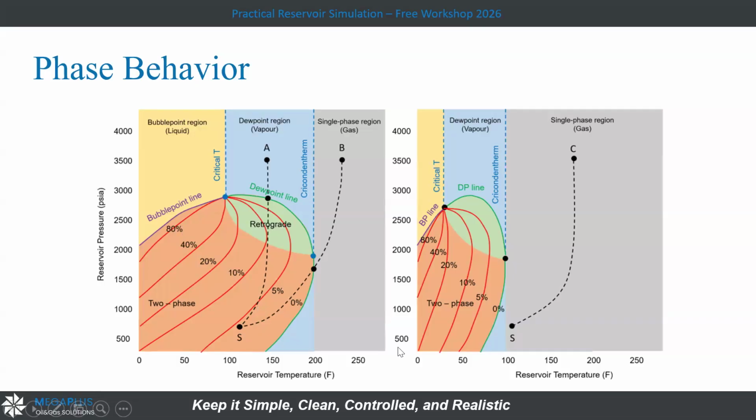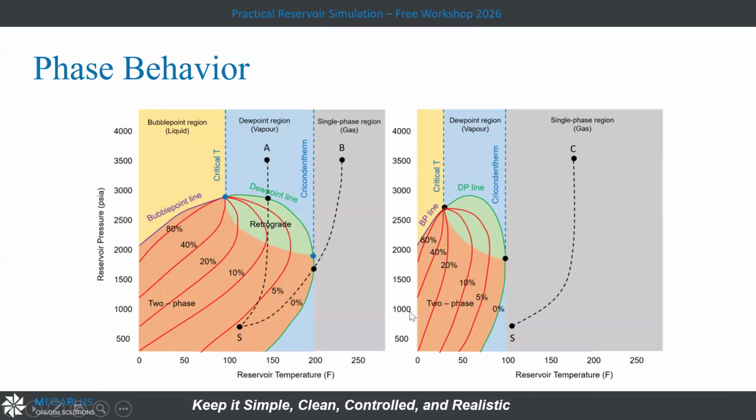So each fluid will have a behavior with its own shape in the PT diagram. In the other picture, you will find another fluid with this shape.